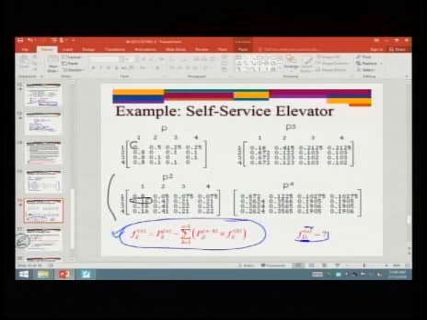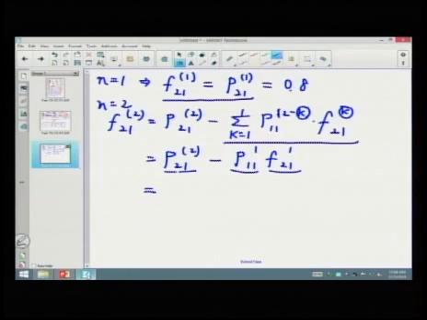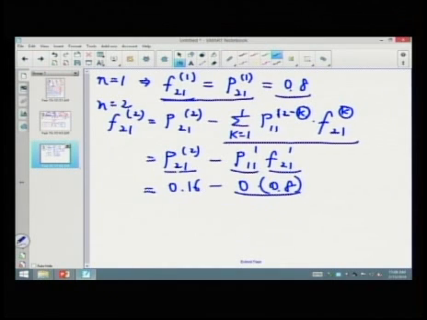It's going to be 0, and f21, what is that? That's going to be same as this, right? 0.8. So we have here 0.16 minus 0 times 0.8. Is that right? So this part is 0. So we have 0.16. Is that right?